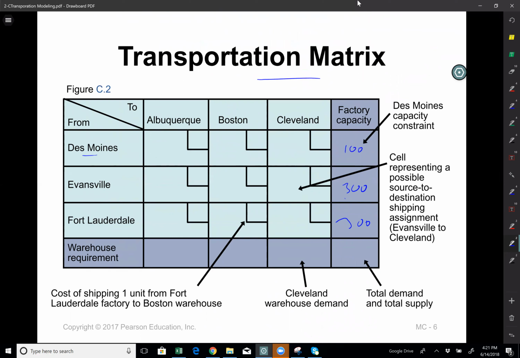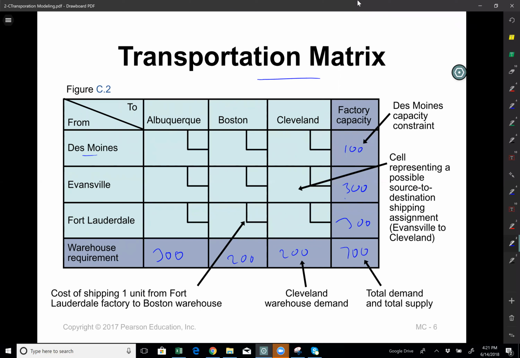My total supply is, in this case, 300 plus 300 plus 100, which is 700. I also have demand information: Albuquerque 300, Boston 200, and Cleveland 200 as well. If you add these values up, you will also get 700 demand from these 3 cities.